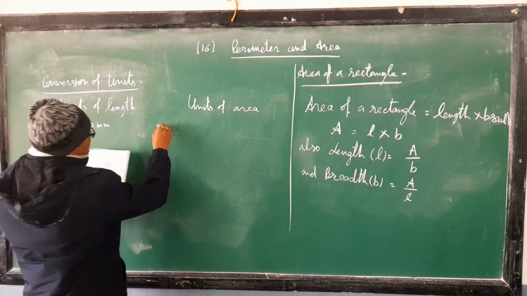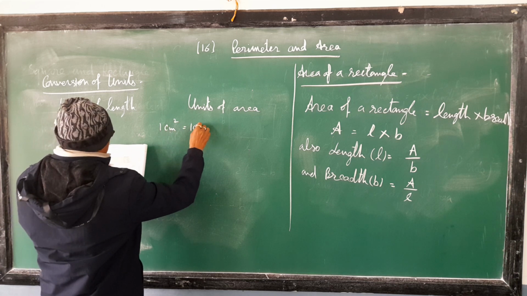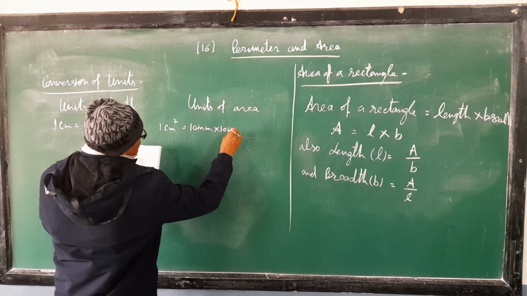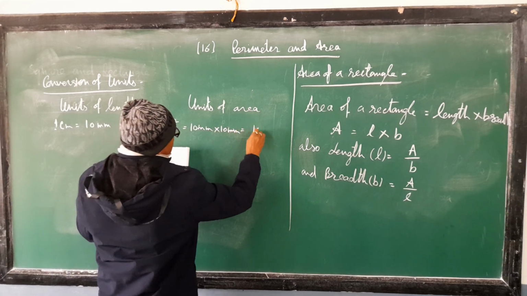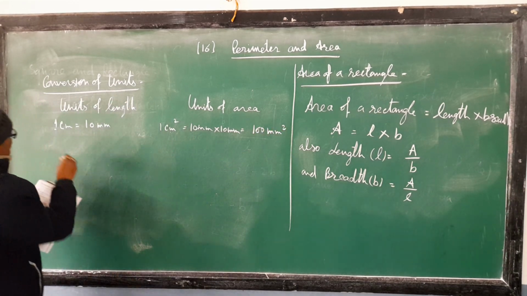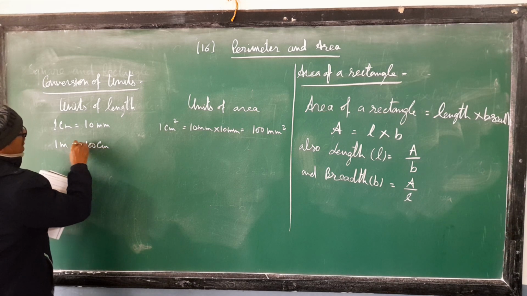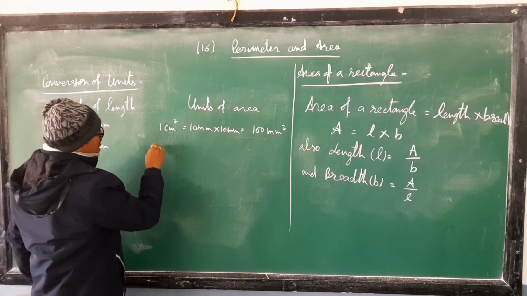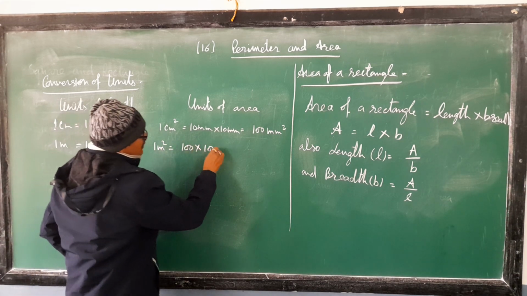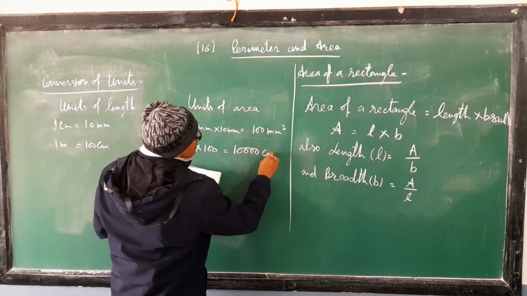So 1 centimeter square is equal to 10 mm into 10 mm, it will become 100 mm square. 1 meter is equal to 100 centimeter. So 1 meter square is equal to 100 into 100, which is 10,000 centimeter square.